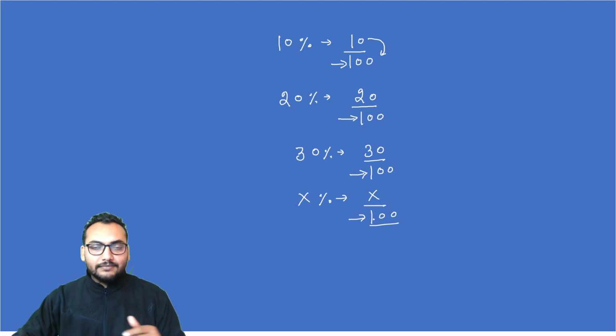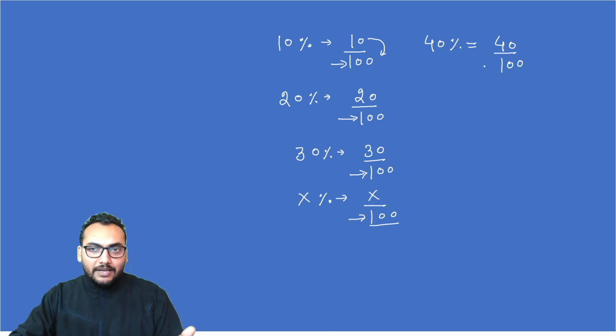Now, if I'm talking about 40%, that means I can write it as 40 out of 100. So I will write 40 divided by 100. Again, we are getting 100 in its denominator, right?